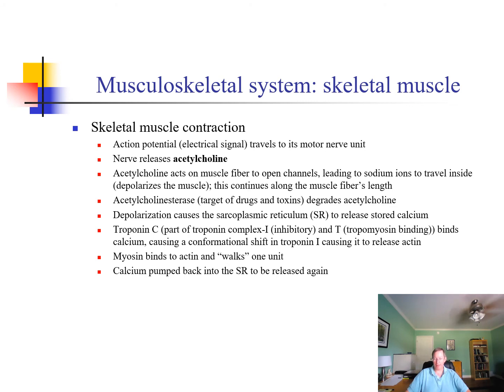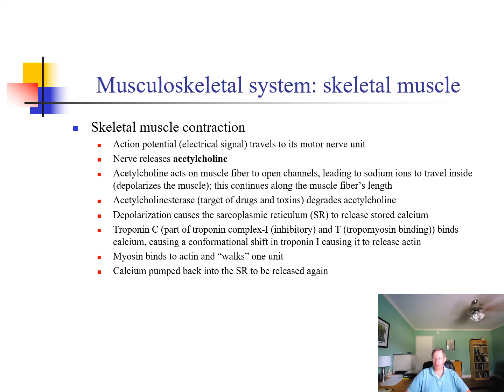So thermodynamically, it's a spontaneous process to allow sodium ions to rush into the muscle cell. And when that happens, it will change the potential of the inside of the cell relative to the outside. And that will then cause what we call depolarization of that muscle. And I'll talk about that in a second.